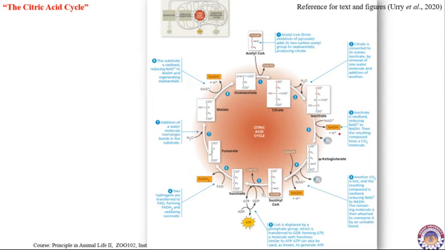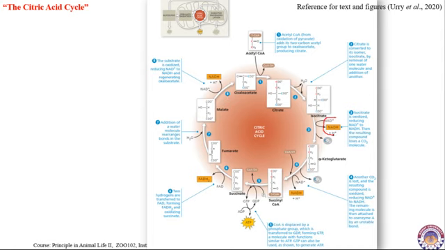The first NADH is formed, and then the liberation of carbon occurs in step 3 and 4. In step 4, one more NADH is produced. In step 5, the only ATP is produced. In step 6, the FADH2 is produced, and then in step 8, another NADH is produced.